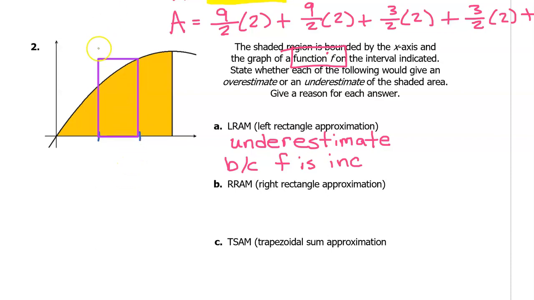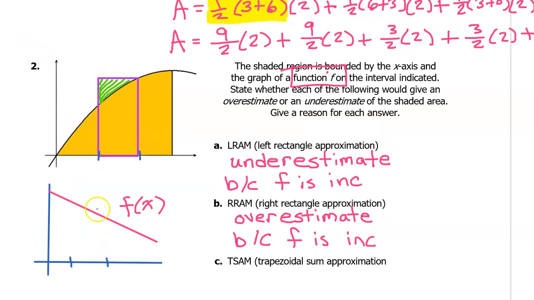So in this case, notice how the rectangle has this extra area to it that goes above and beyond the area of the actual curve in this interval. So this is going to be an overestimate. The right rectangle approximation method will always give you an overestimate when the function is increasing. So just like before, our justification will be because f is increasing.